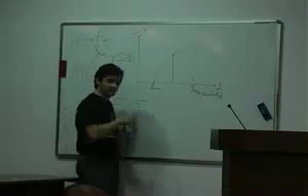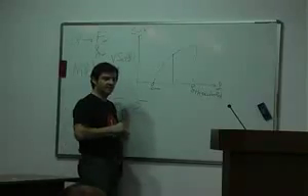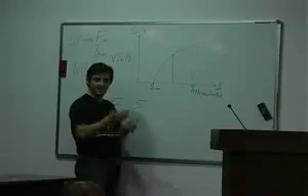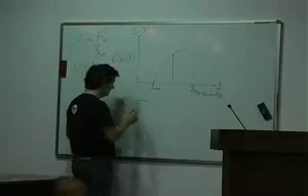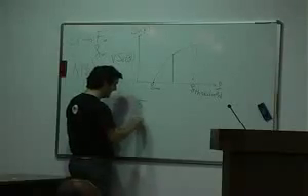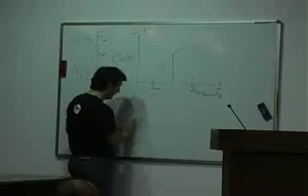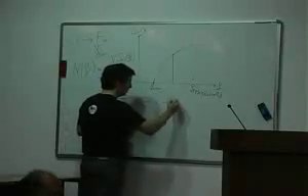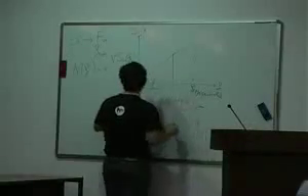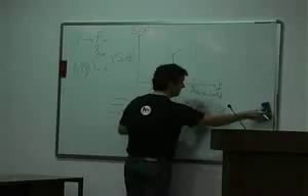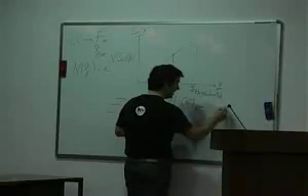Now I can rewrite the sum over all configurations as the sum over all configurations which belong to a state alpha, plus the sum over all configurations which belong to the state beta, and so on and so forth. So this means that I can rewrite the sum over all configurations of exponential minus beta h of c as the sum over all states alpha times exponential minus beta f of alpha, where beta is the inverse temperature, 1 over T.